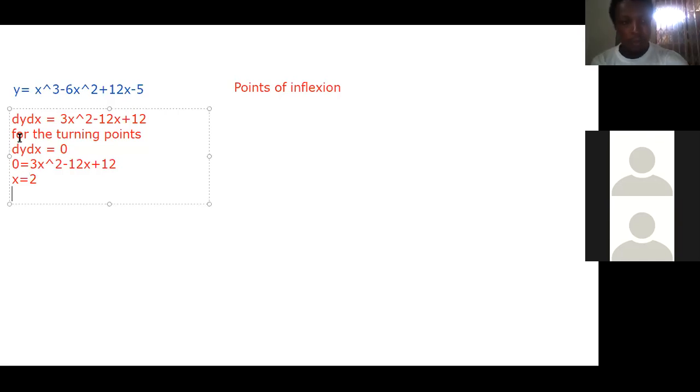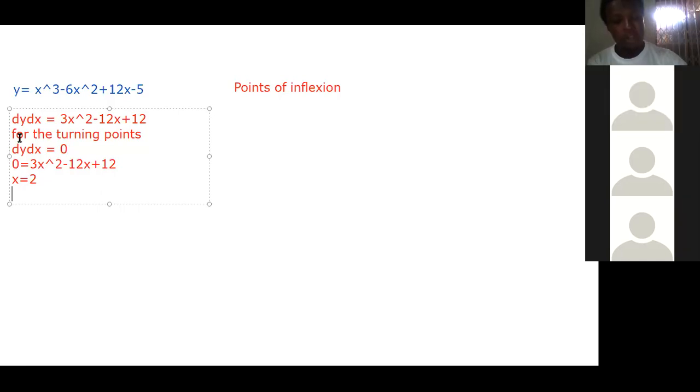So when x is equal to 2, we have to find its corresponding y value. Now we want to get the nature of the turning point, whether the point is a maximum or a minimum.